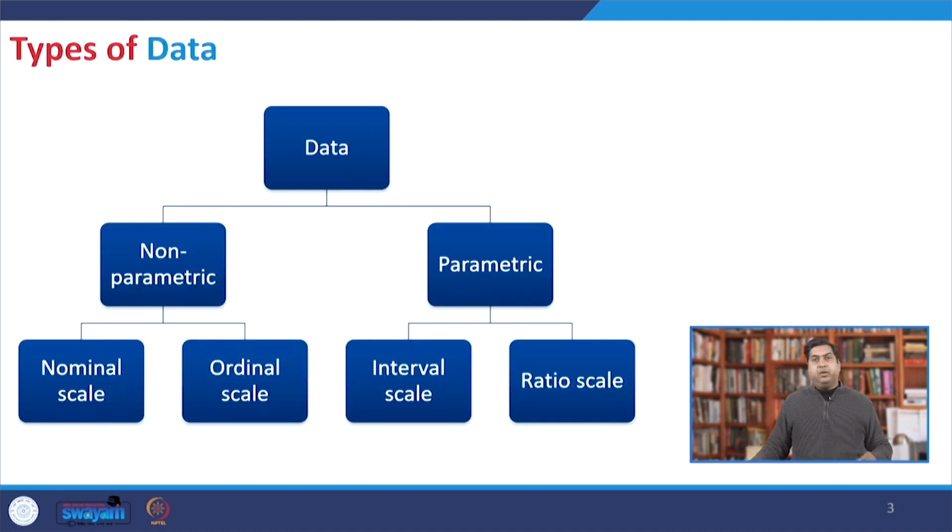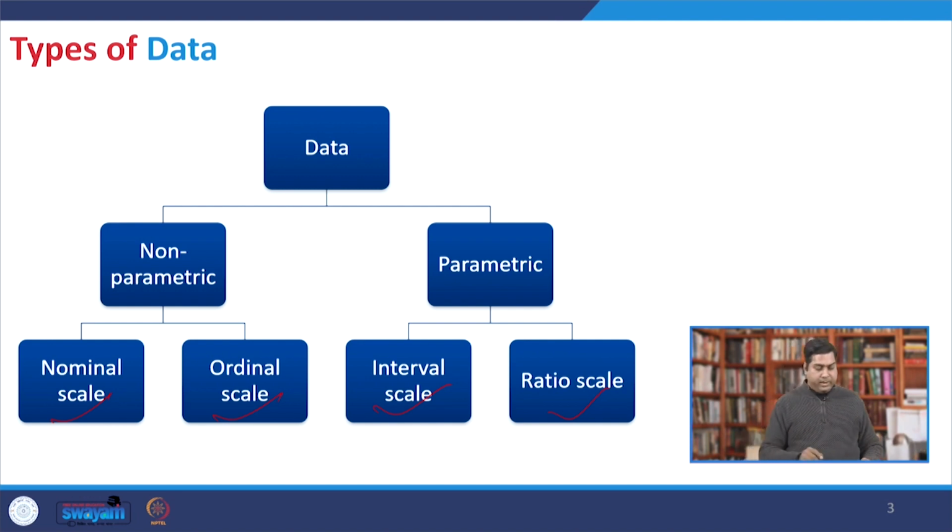If you recall, when we discussed the types of data, we discussed the basic four types: nominal scale data, ordinal scale data, interval scale data, and ratio scale data. As nominal and ordinal data just show some sort of order or category, in case of nominal data we cannot essentially go for a parametric test.